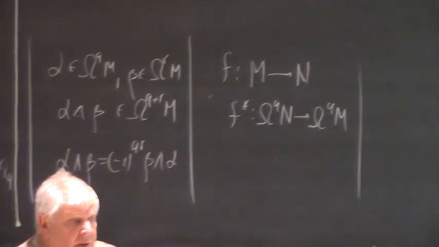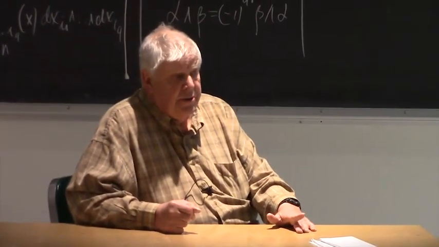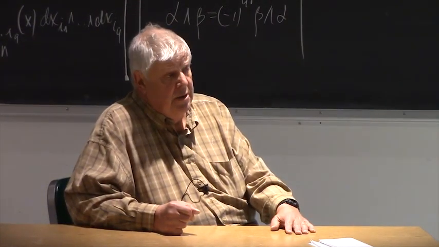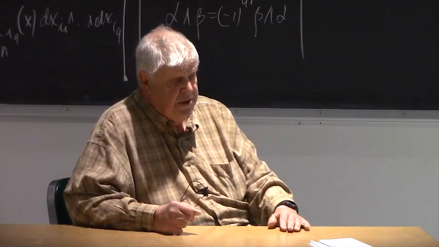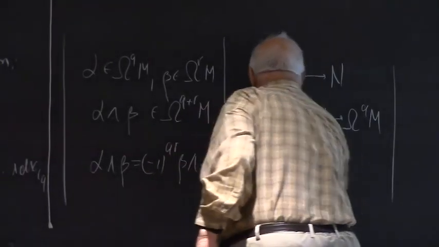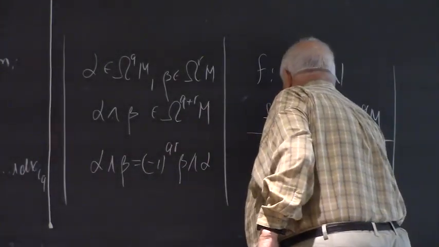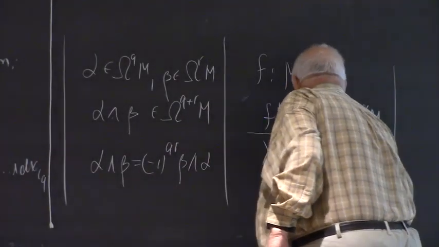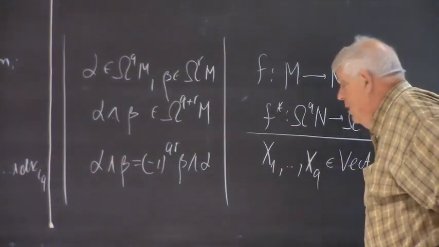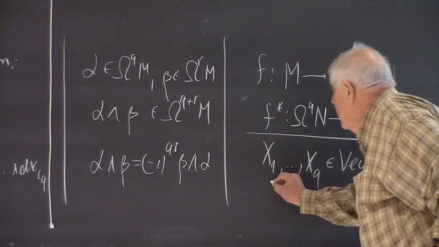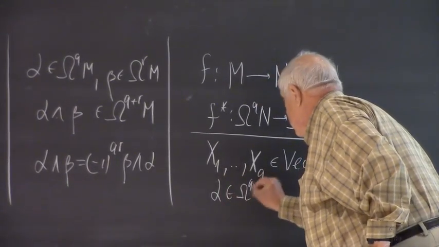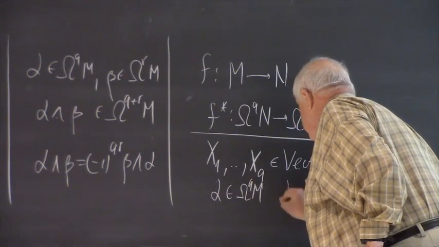This is more or less the usual general theory, plus one more description which we consider for differential forms. Namely, if X1, ..., Xq are absolutely arbitrary vector fields on M, then for a form alpha there arises a function.